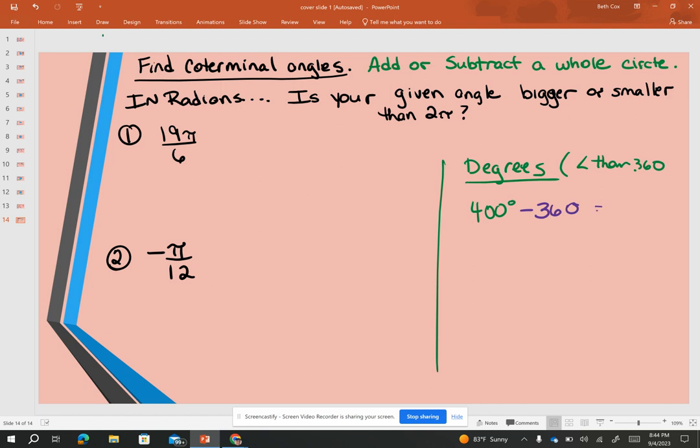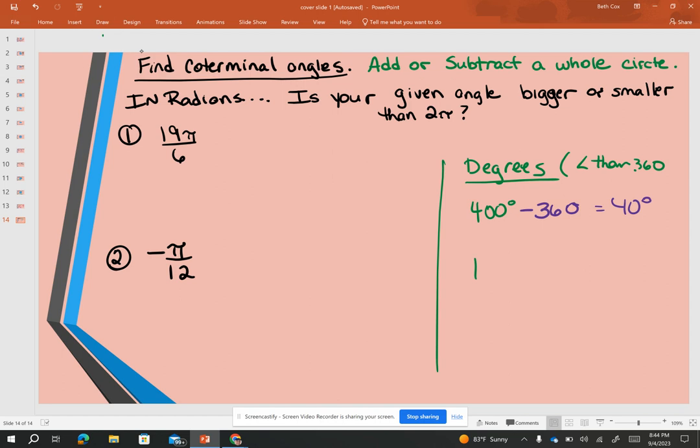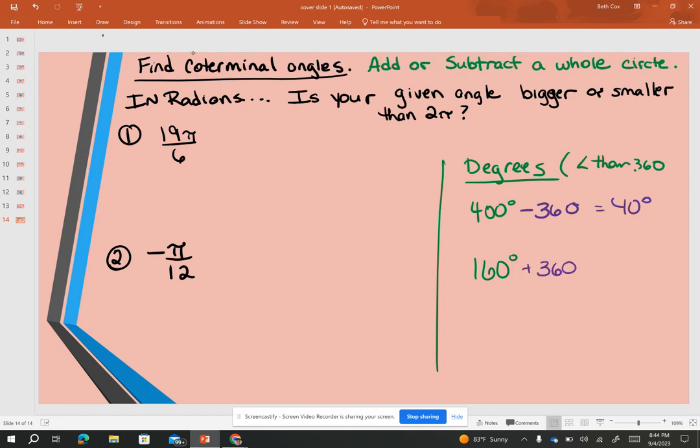And my coterminal would be 40 degrees. But if I'm at, say, 160 degrees and I want a coterminal angle, then I'm going to add a whole circle. And then that would put me at 520 degrees.